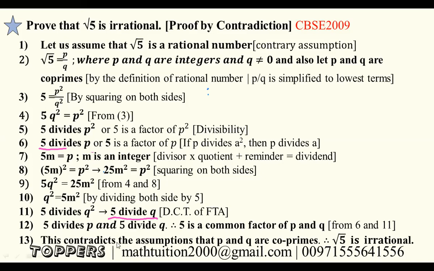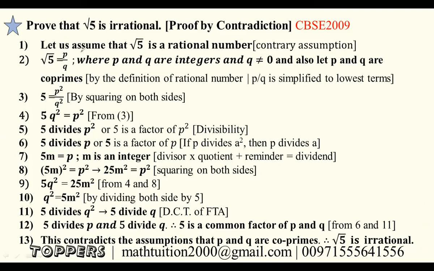So this is a contradiction to our assumption that p and q are coprimes. Therefore, root 5 is irrational. Hence it is proved. Clear?